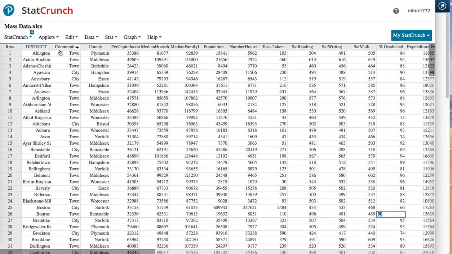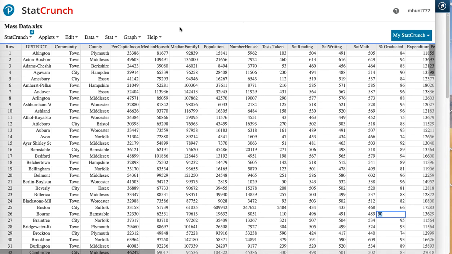Some of those variables are the community, it's either a city or a town, the type of where the county is, per capita income, population, SAT reading, SAT writing, SAT math, expenditure per pupils, etc. There are two qualitative or categorical variables, community and county. All the rest are quantitative or numerical variables.